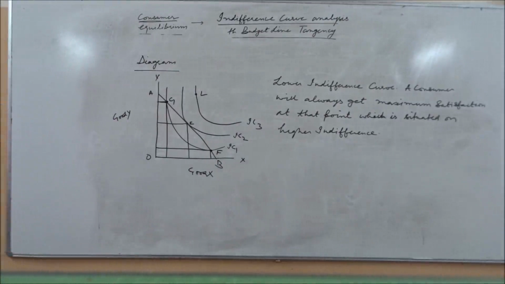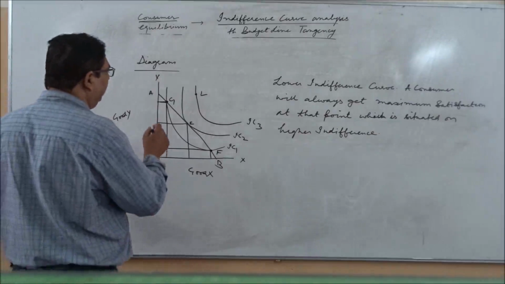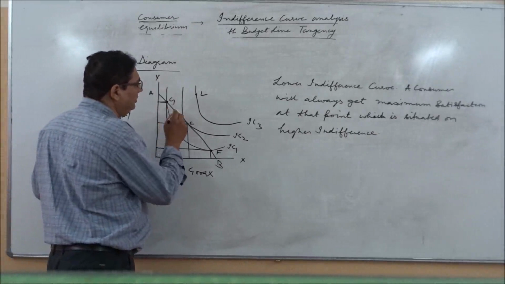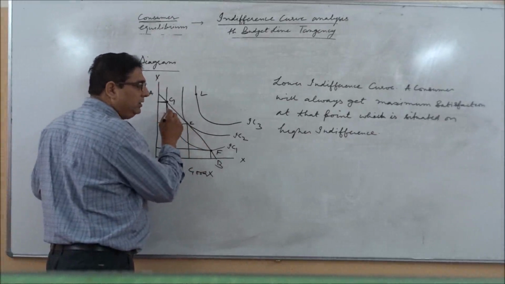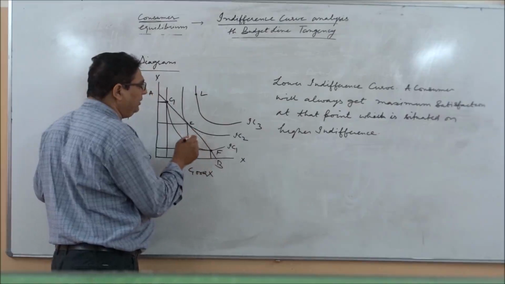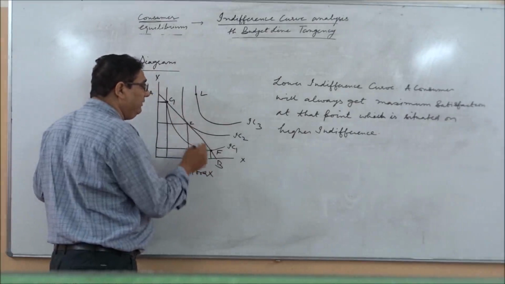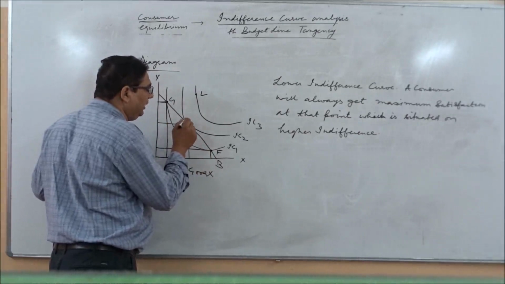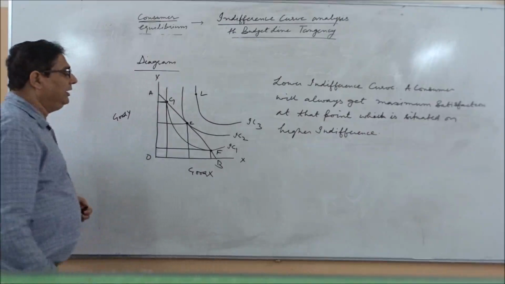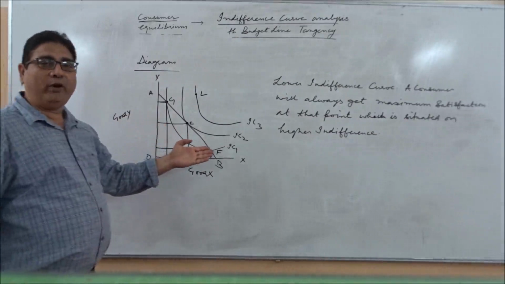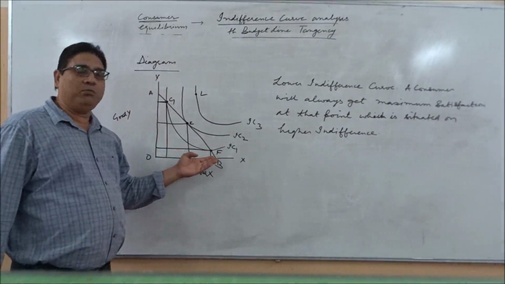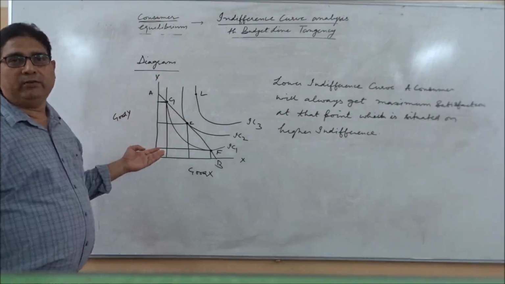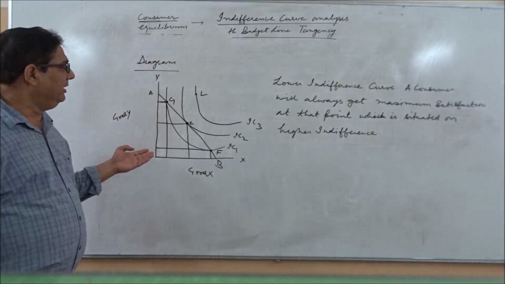So he will not attain maximum satisfaction at G point and F point. He will come back once again to E point in case he went to F point, because he is purchasing more quantity of X good and less quantity of Y good. So his satisfaction will not be maximized.